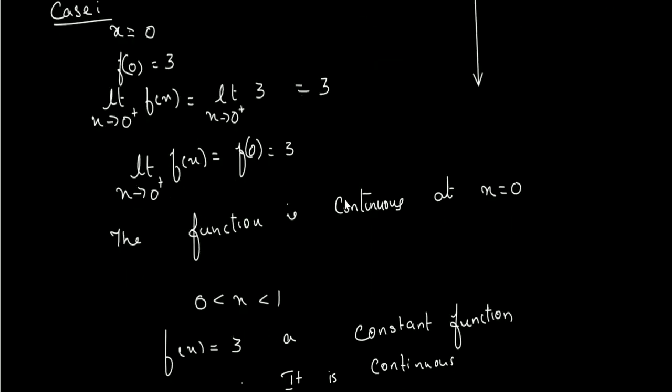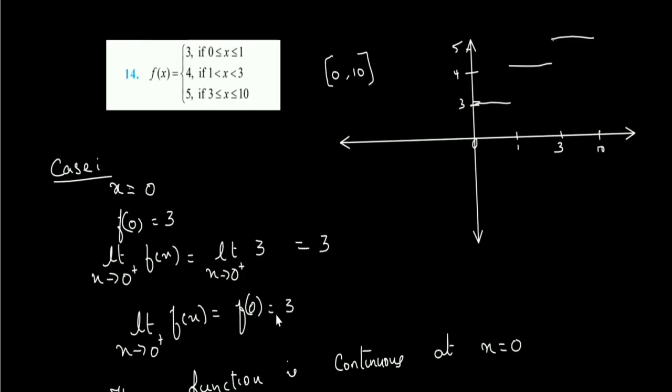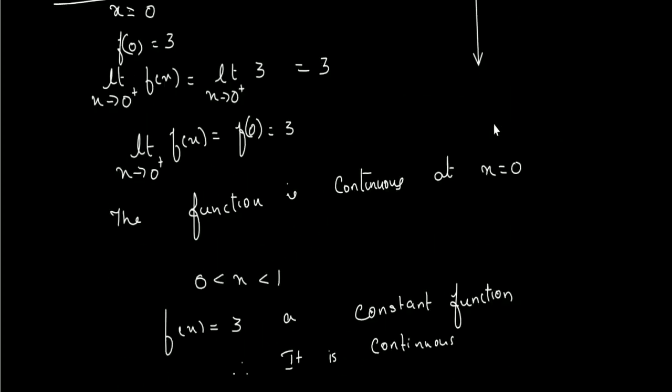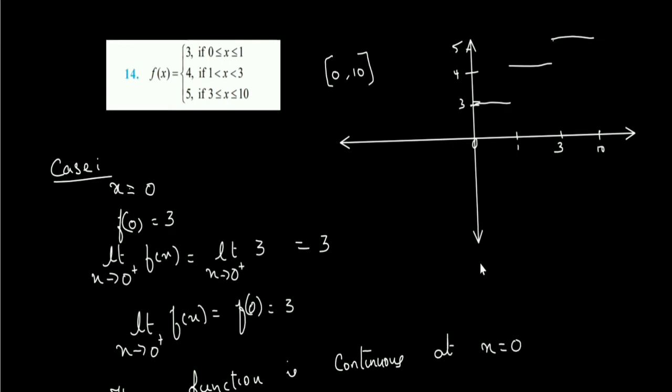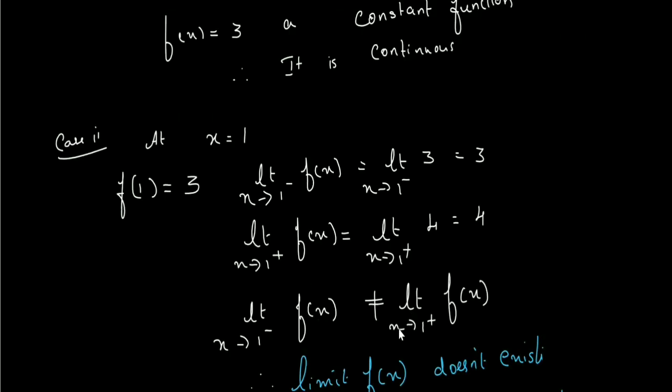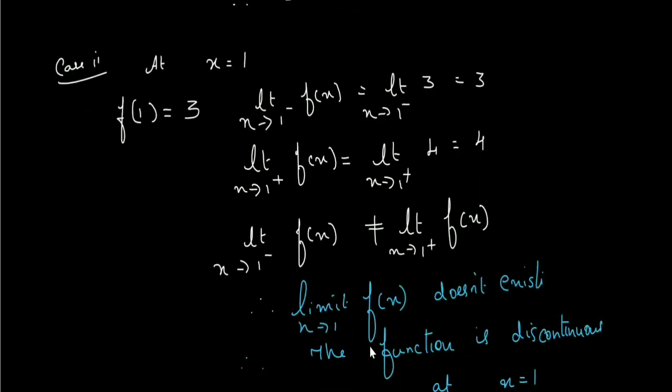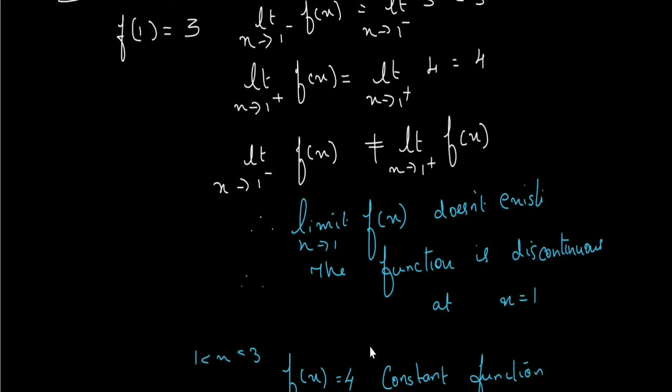From 0 to 1 it is a constant function, and a constant function is always continuous. At 1, f of 1 is 3, the left limit is 3 and the right limit is 4, so the limit doesn't exist. So the function is discontinuous at x equal to 1.